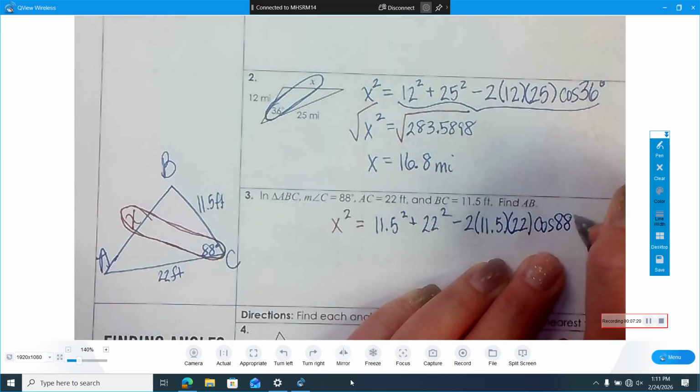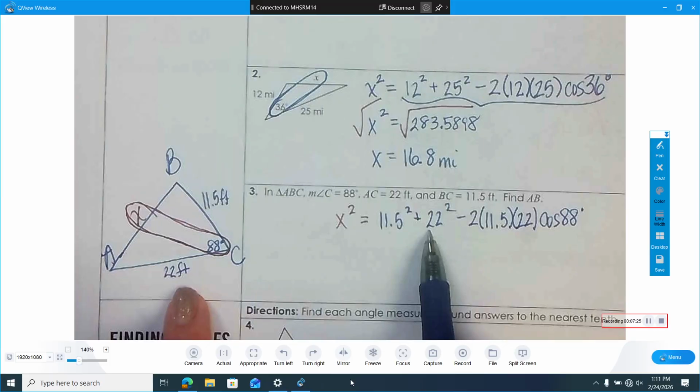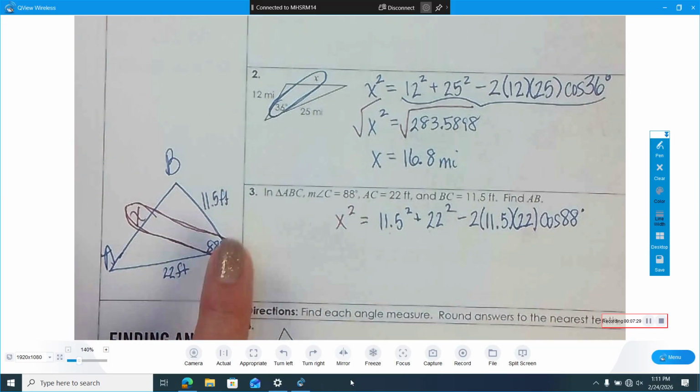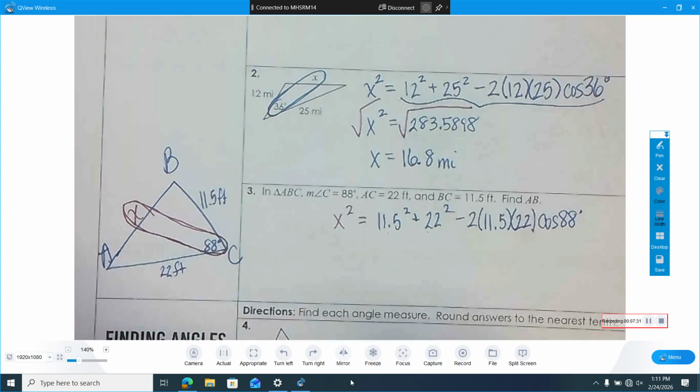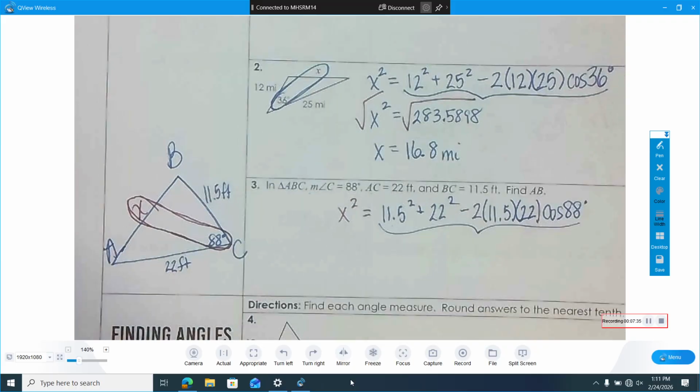Perfect. Good job. All right, so side squared plus side squared minus twice the product of those sides times the cosine of the included angle. And then again, everything is just calculator work from there on out, which is super nice.